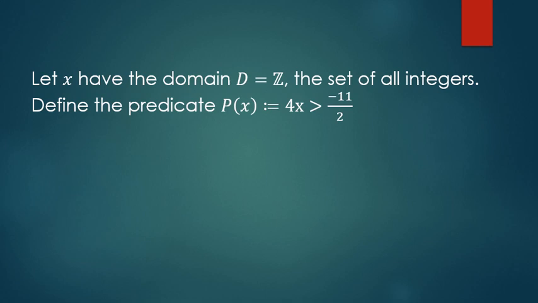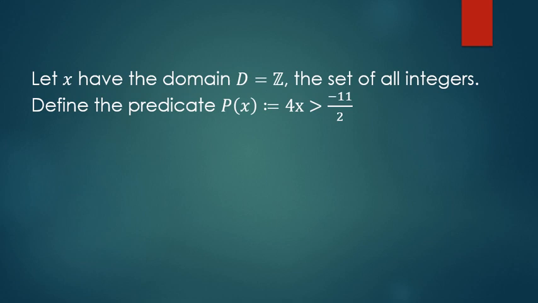So we kick off this video with a little bit more on predicates. So let X have the domain, which we typically symbolize by capital D, being Z, the set of all integers or the set of all whole numbers. And then we are going to define our predicate, P of X, to be 4X is greater than negative 11 halves.